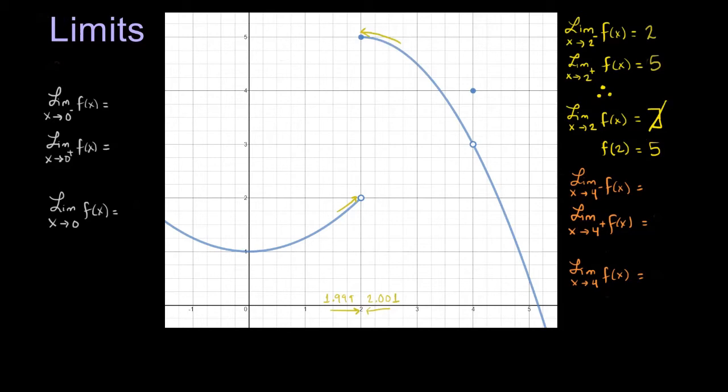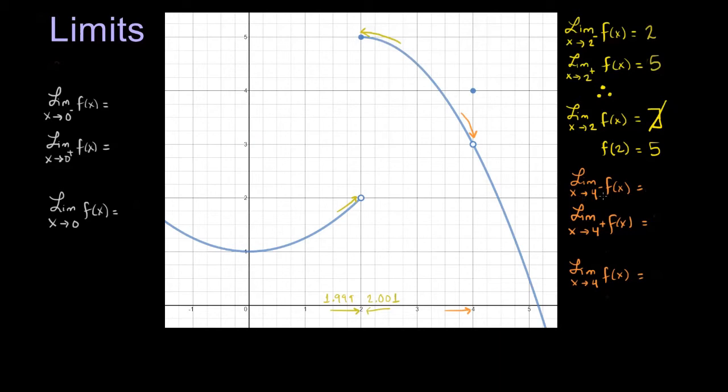Now, I'm going to move to this one. What is the limit when x approaches 4 from the left? Approaching 4 from the left, I'll be getting to this point here, which is actually the number 3.